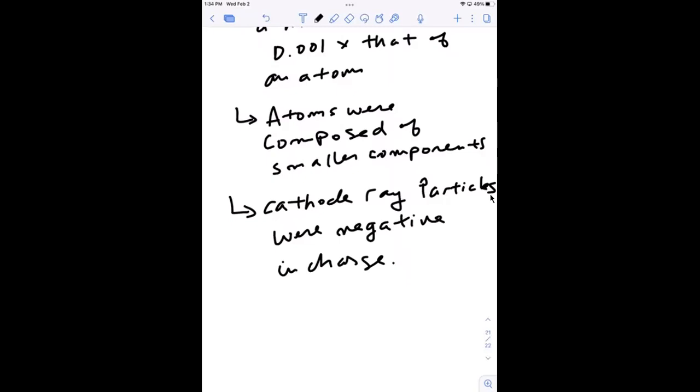They had a negative charge. They had a very small mass, and he knew that these weren't atoms being divided, but that the particle had to be some other part or component of the atom.